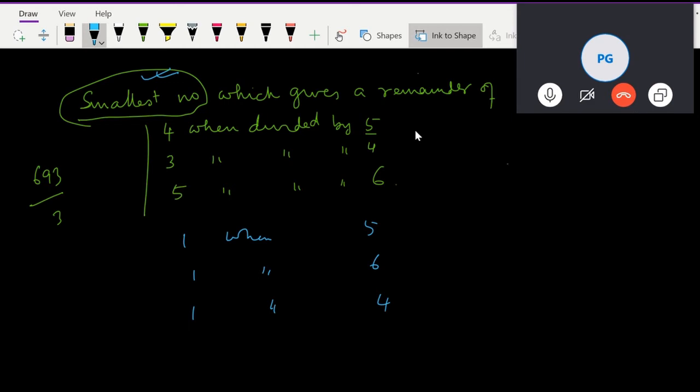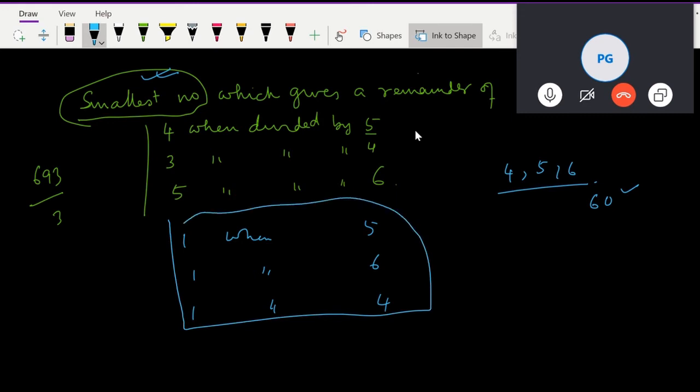What is the smallest number which is divisible by 4, 5 and 6? 60, correct. So what would be the smallest number which will give this?